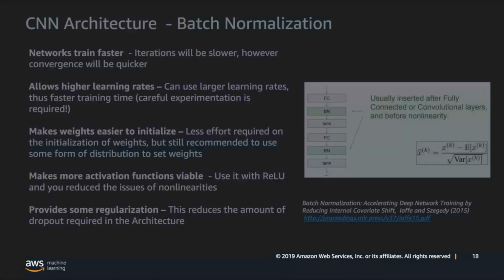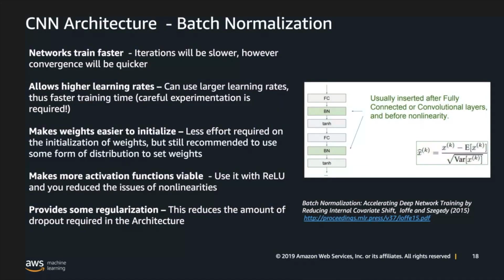And finally, there's one more, which was introduced not too long ago, about 2014, 2015, which is this idea of batch normalization. It's all about taking the inputs and doing some normalization against the broader set of inputs within that layer in the network.